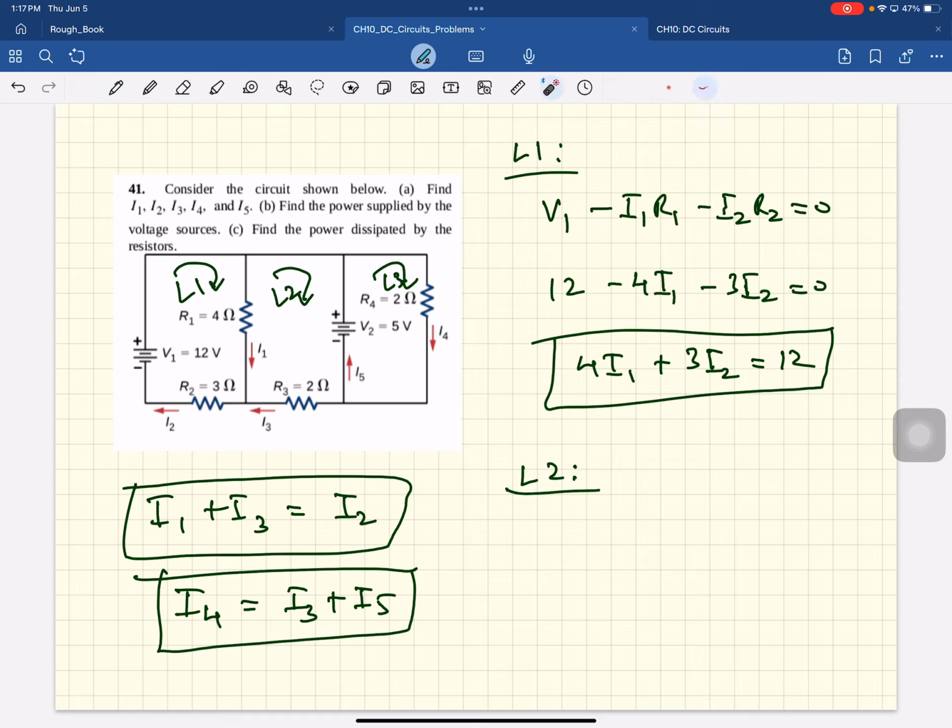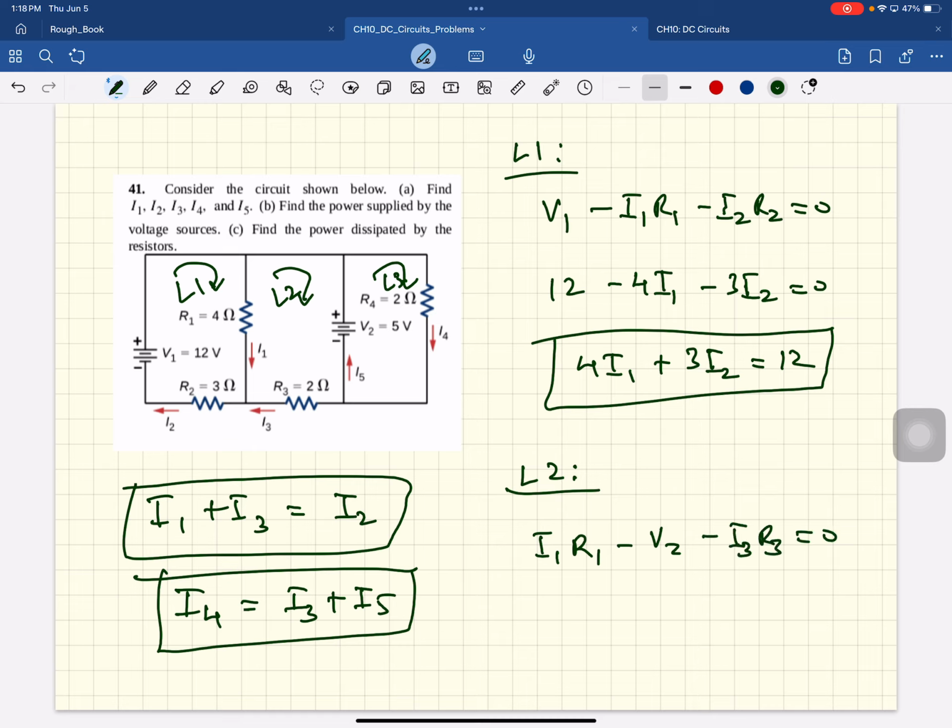For L2, we're going to start here, go around like that: plus I1 R1 minus V2 minus I3 R3.